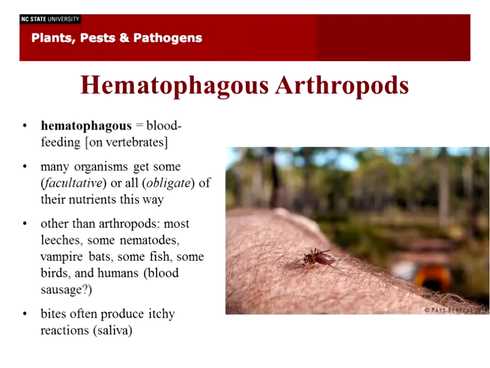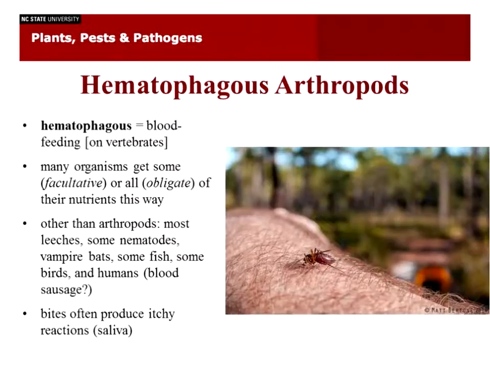But many of the organisms that live on our planet actually get some or all of their nutrients by feeding on blood. The ones that get some are called facultative. This may be that they're chewing on hair or feathers, and they happen to take blood, or it's a nice extra meal. But many of the things that we're going to talk about today are all obligate, which means they at least need blood in some part of their life, if not their entire life.